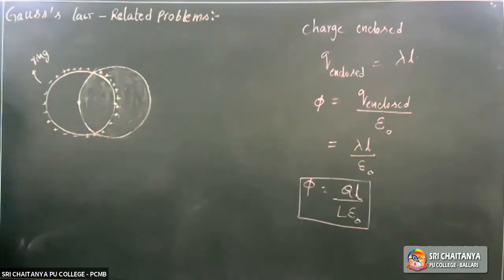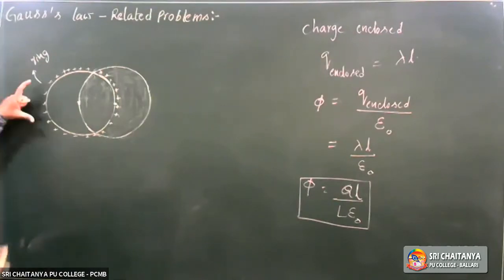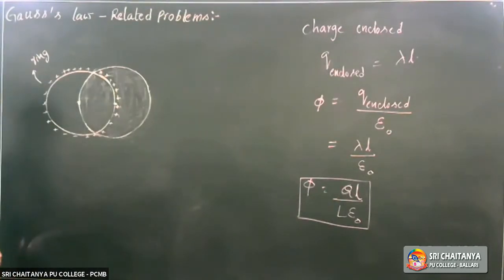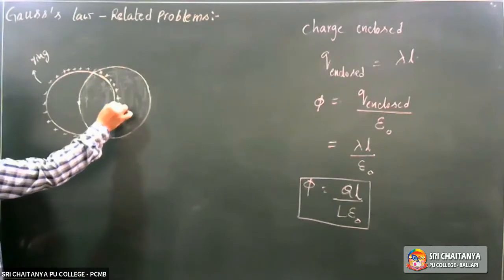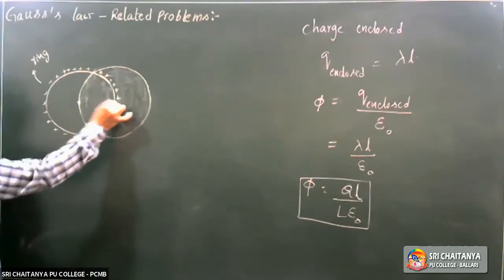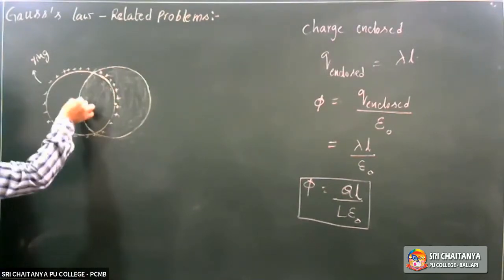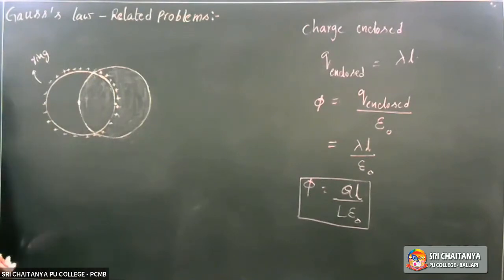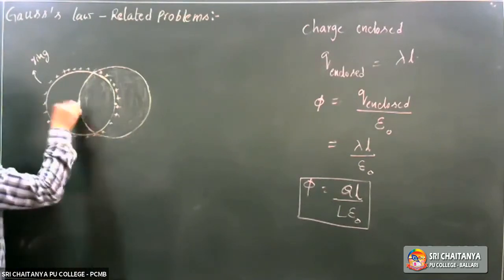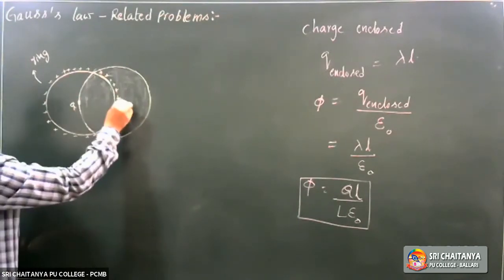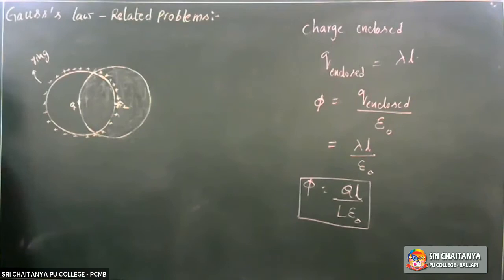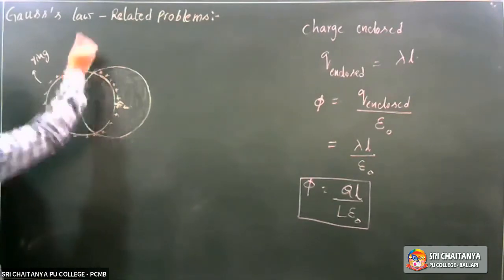This is given, right? I hope you understand. A ring is just inserted into a sphere, such that its periphery is exactly coinciding with the center of the sphere, and the sphere periphery is coinciding with the center of the ring, like this. O1, O2. The charge on the ring is Q.